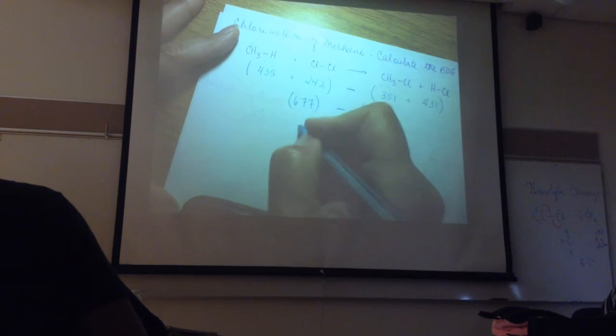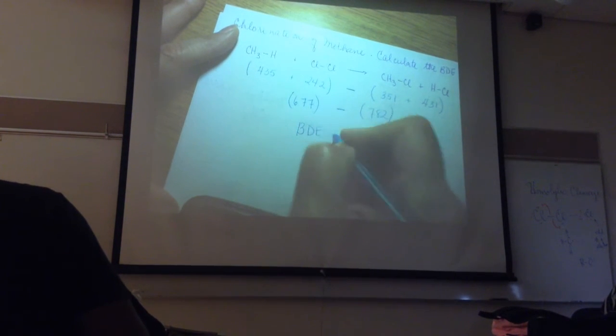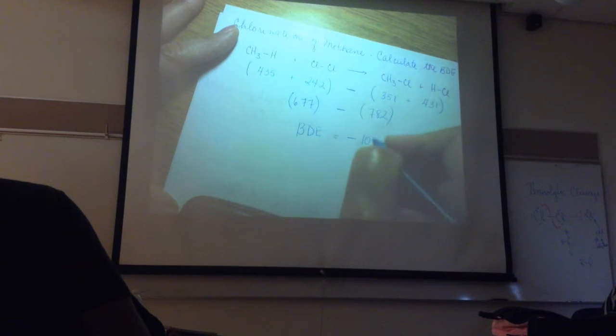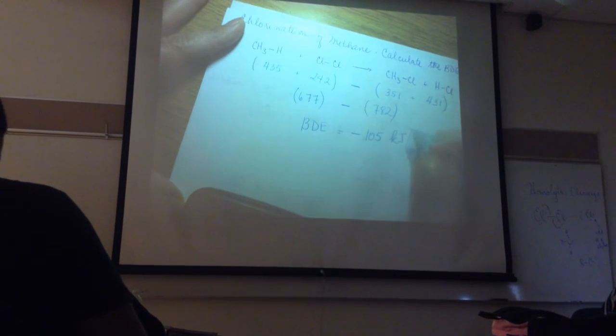So now this BDE is negative 105 kilojoules per mole.